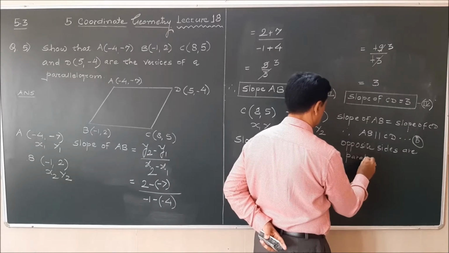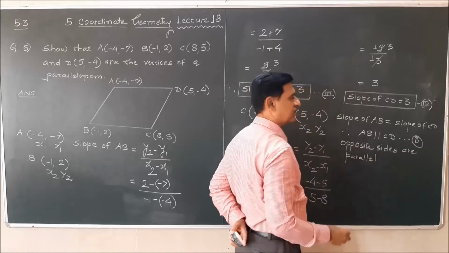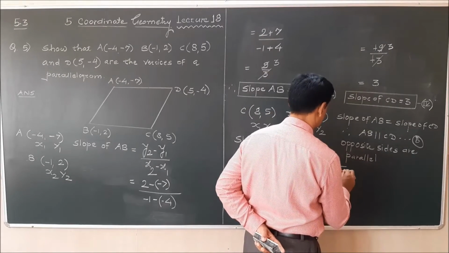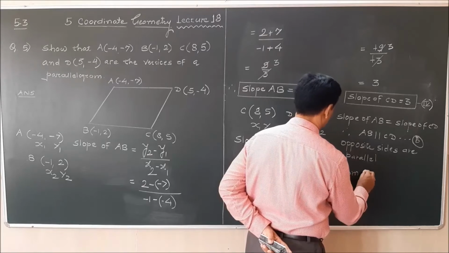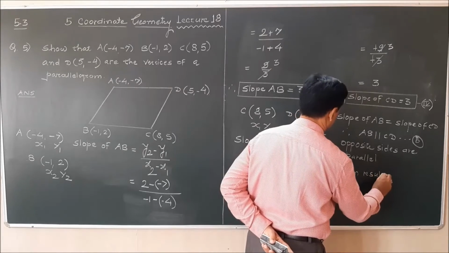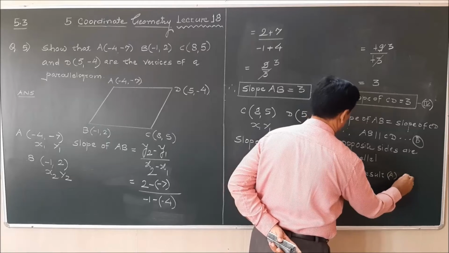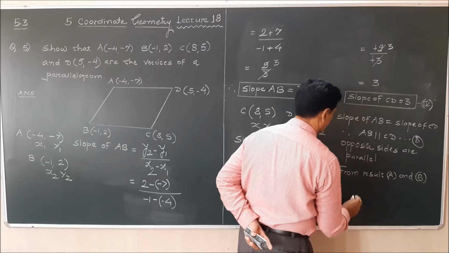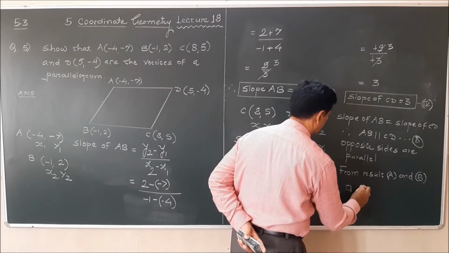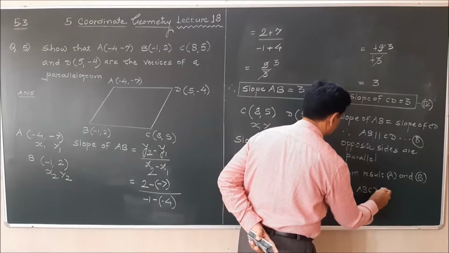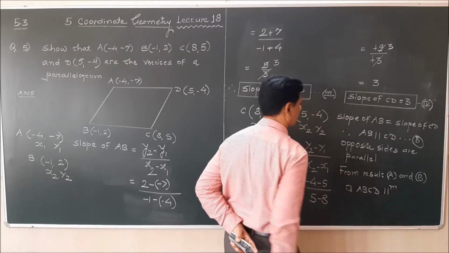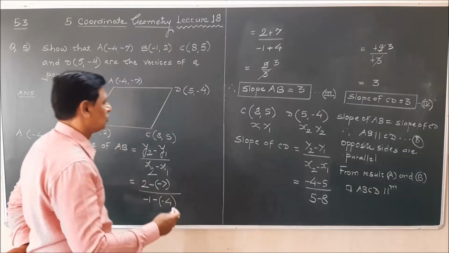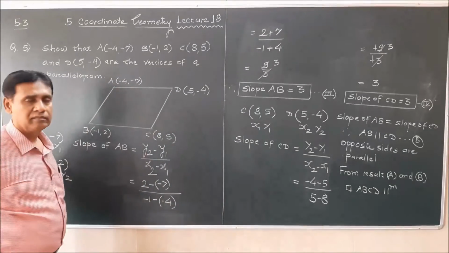So from results A and B, we get quadrilateral ABCD as a parallelogram, because we obtain the slope of opposite sides the same.